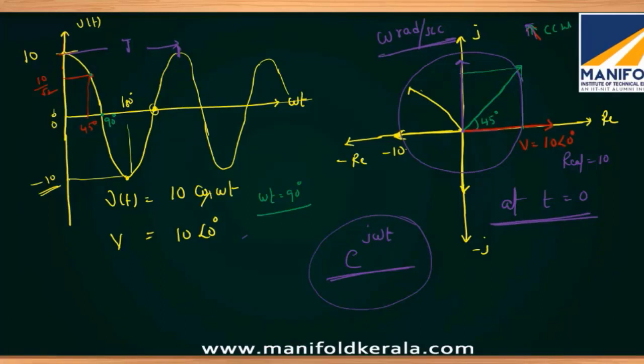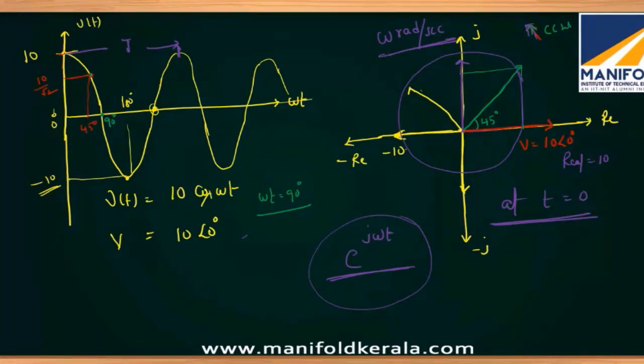Here the voltage or current is propagating with respect to time. Here in phasor domain, it is rotating in anti-clockwise direction with omega radians per second. So whatever phasor diagram you are drawing, that is the snapshot of the voltage and currents at t equal to 0. That is the physical correlation between these two quantities.